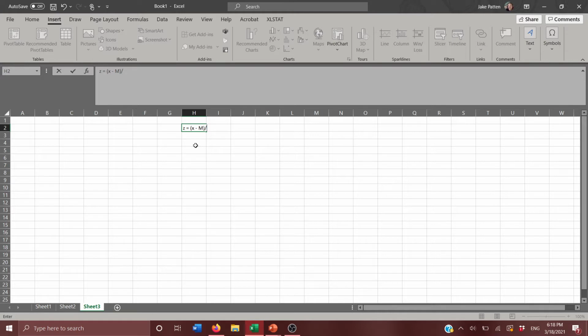So the observation minus the mean over the standard deviation. That's our z-score. And then we can also figure out the percentage of the distribution to the left of that number, and I will show you how to do that in this calculator as well. So what you're going to need is three things, right?